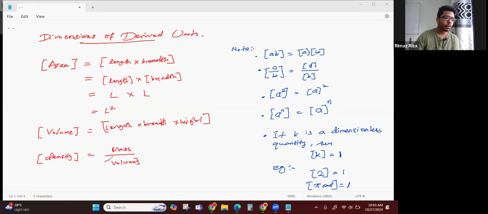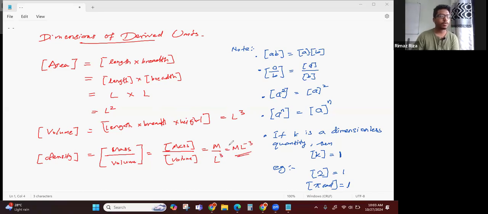Here you can straight away put the dimension of volume. So we can write dimension of mass divided by dimension of volume. The dimension of mass is capital M, and volume is L cube, since now you have found L into L into L, so L cube. So you can straight away write, therefore, M L to the minus 3, the dimension for density.